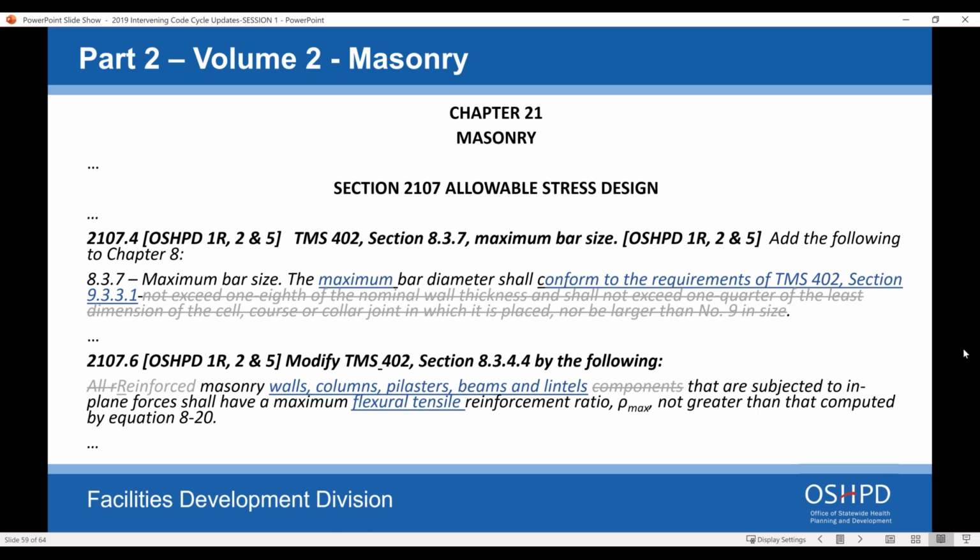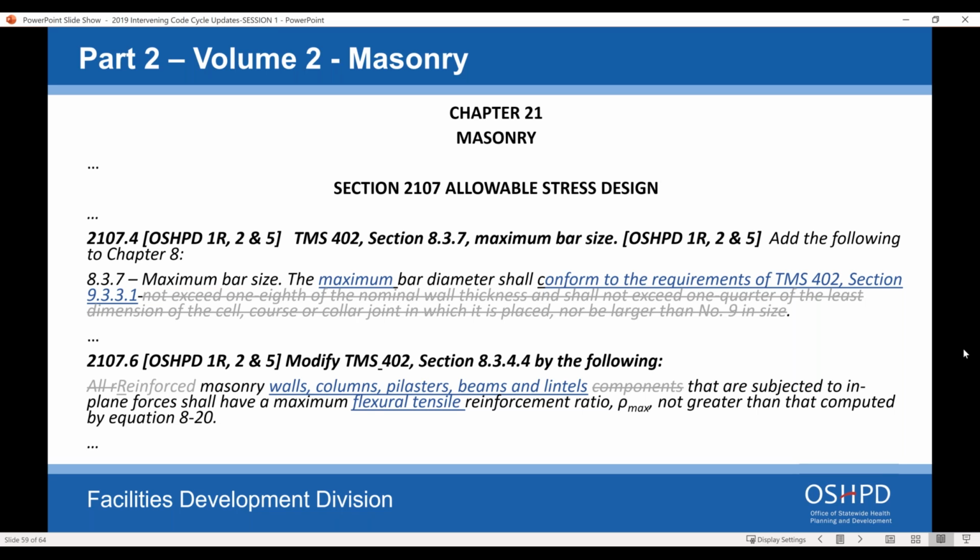That of course is going to be changing in the upcoming code, but OSHPD still intends to keep this requirement of maximum bar diameter limited to number 9 for the future. So that may change back to our requirement in a future code cycle.